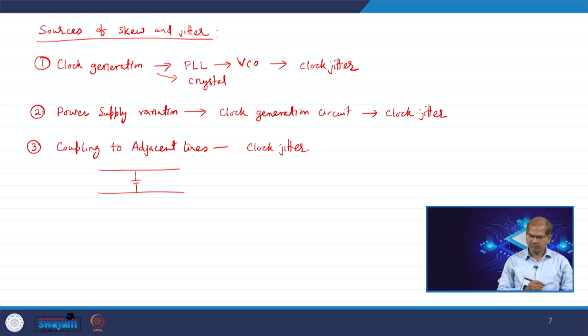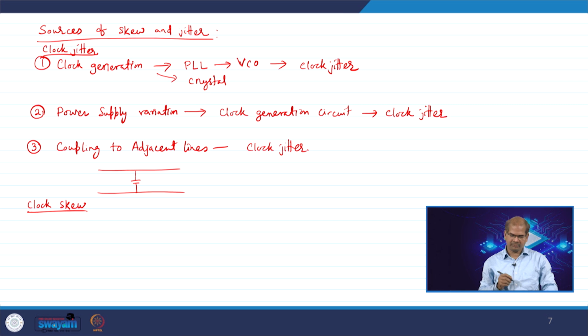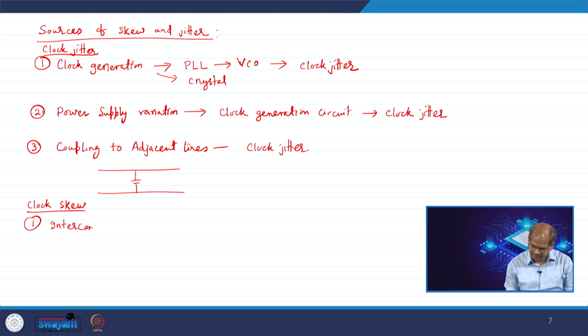Then what about clock skew? Clock skew is basically the delay in the clock path. So, the first is interconnect variation.